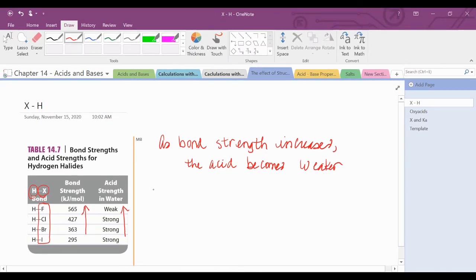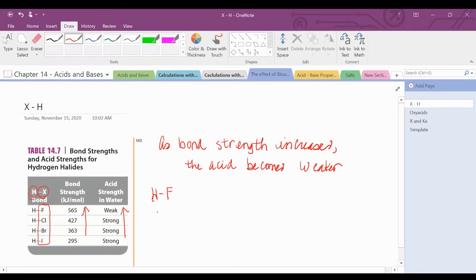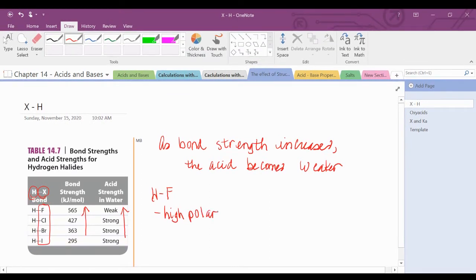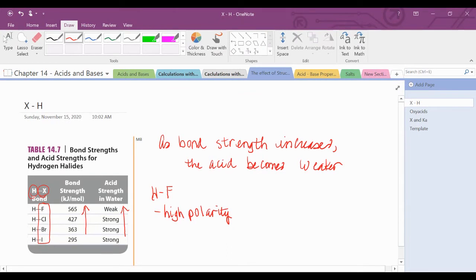Now let's talk a little bit about HF, because I think it behaves differently than we would anticipate. If we think about what we know in terms of electronegativity, fluorine is the most electronegative element on the periodic table. So we would expect the polarity between hydrogen and fluorine to be high. And for that reason, we would predict that it would be pretty easy for fluorine to break the bond and for hydrogen to dissociate.